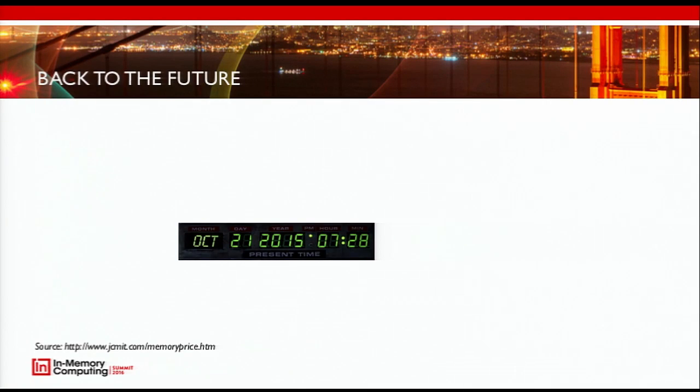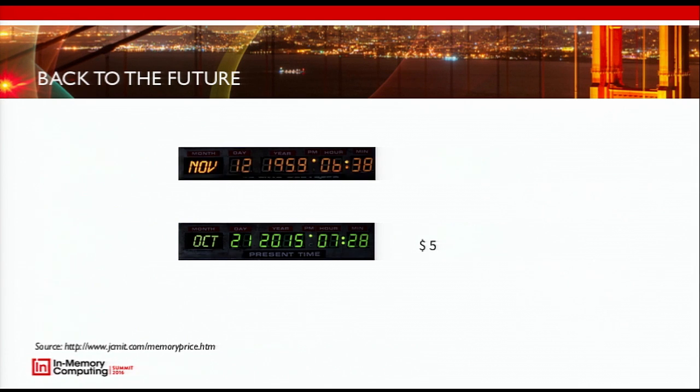If we look at recently, maybe 6 months ago, 1 gig will set you back like $5. Doesn't sound like so much. But if you go back to the start of the computer era, it was much more expensive, of course. It's about $6.7 billion.